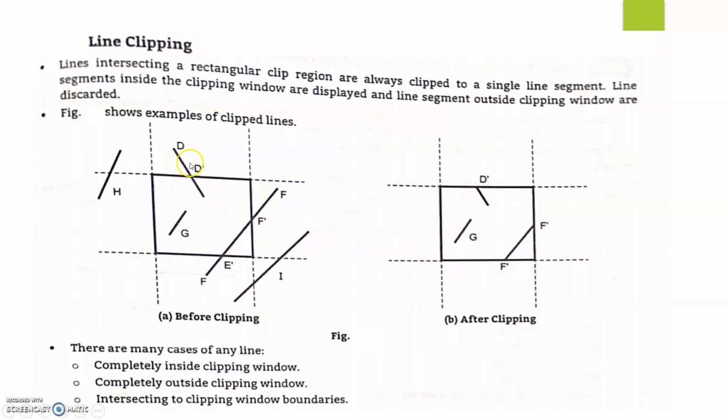In this image you can see this part is discarded after clipping. This part and this part of line EF are discarded, means only the part of the line inside the rectangle is considered, and the part outside the rectangle is not considered.